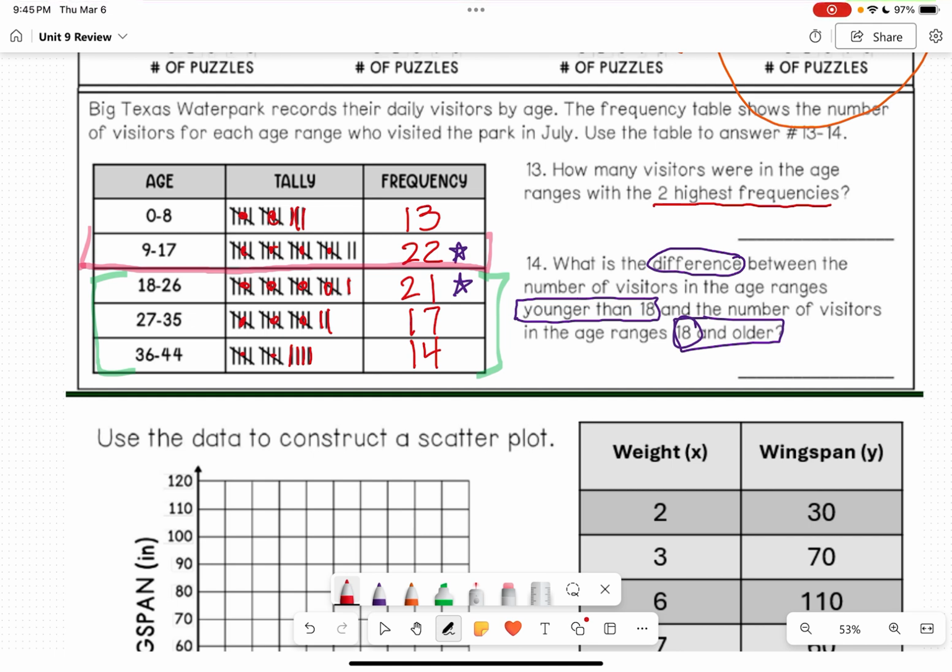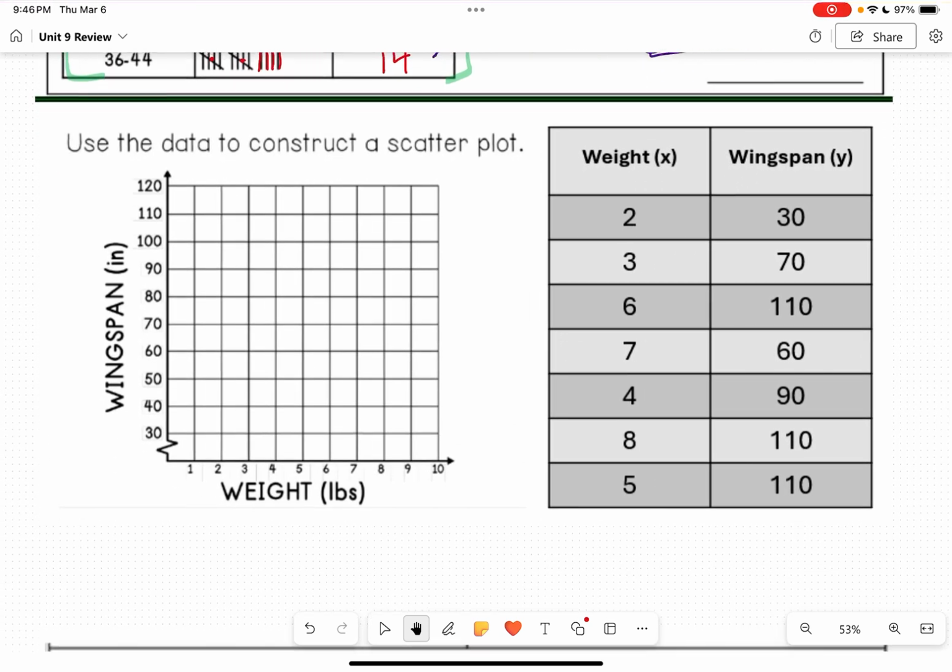Basically, you're going to add these 2 numbers together, and add these 3 numbers together, then subtract them from each other. Okay? So if you're listening to the video, because I know some of you like to skip through this video, you should know what to do for these 2 problems. All right, next problem.